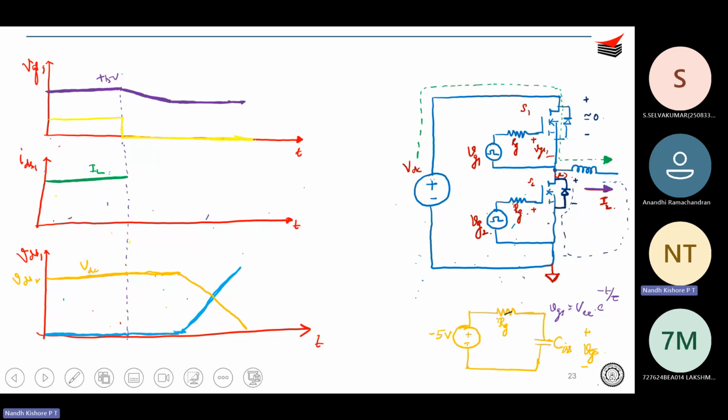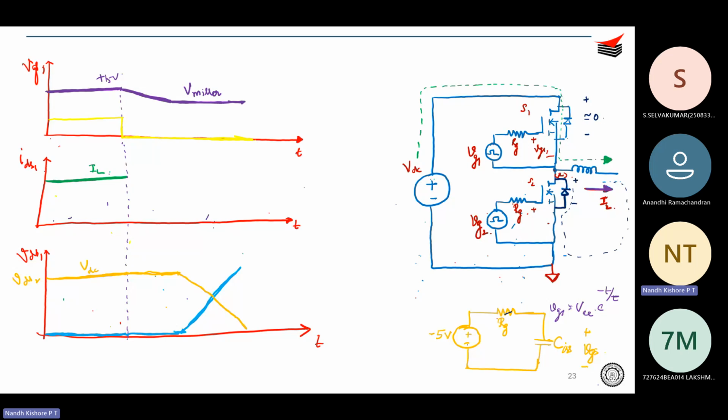Do you agree till this point? Yes, sir. Are you able to relate to what we studied during the turn on? During turn on, we saw that first there will be current rise and then there will be voltage fall, right? Over here, it's the opposite. First, there will be voltage rise and then current will fall.